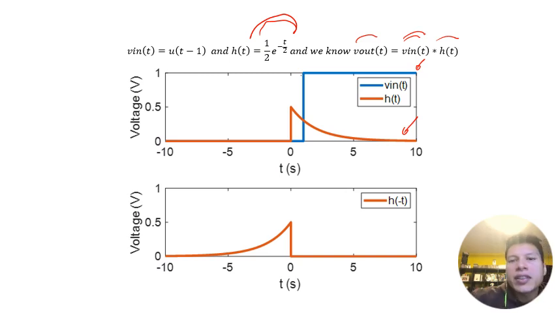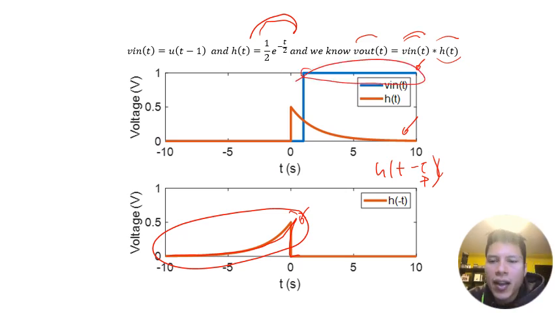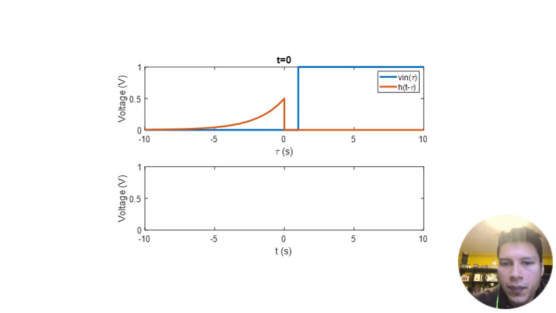So at time equals 0, what I have to do is flip the impulse response, so h of t minus tau. And to get the response at time equals 0, remember, I'm going to take the product of this times my input. I'm going to do this at various time steps, and I hope that you can get an idea of what we're actually doing.